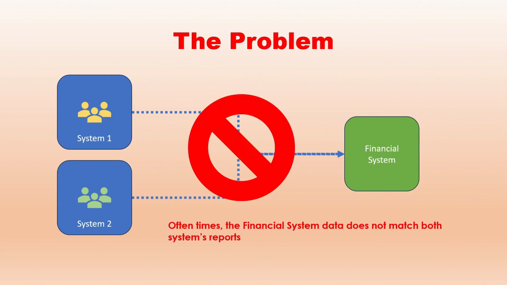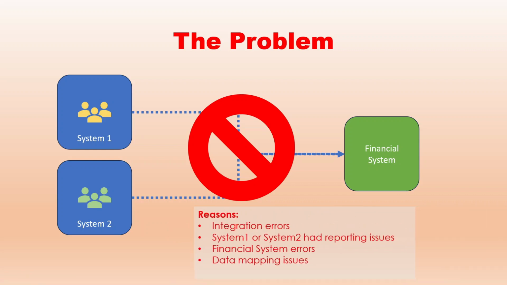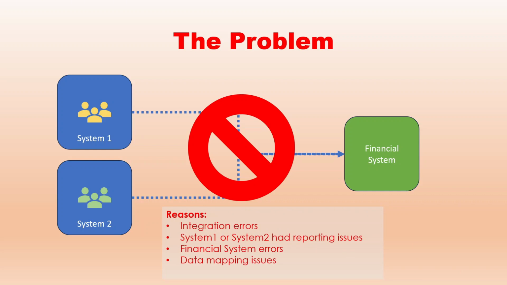We find out that sometimes the financial system data, which is showing green right now, does not match our systems' data. So, what could be the reasons? Well, there could be multiple reasons, and they are not mutually exclusive, meaning more than one reason can be happening at the same time.